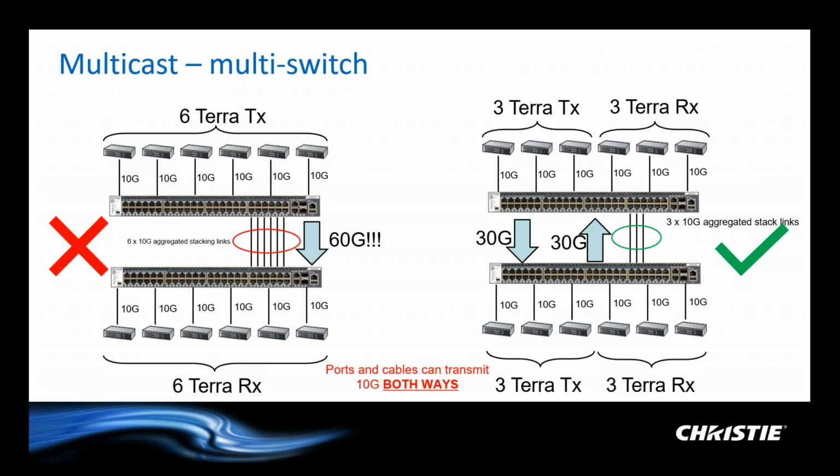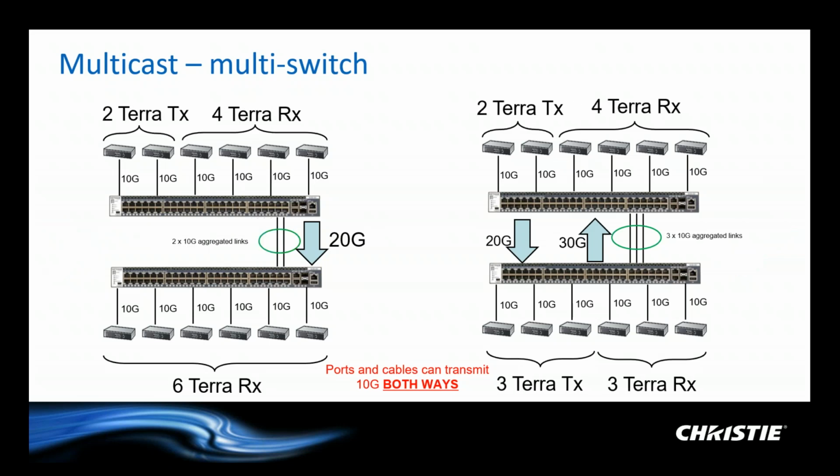I've got another couple of examples here where we're doing something a little bit different. In the example on the left-hand side, in this configuration, there are only 2 transmitters, and all the other devices are receivers, both on the top. So you've got 4 receivers on the top switch and 6 on the bottom.